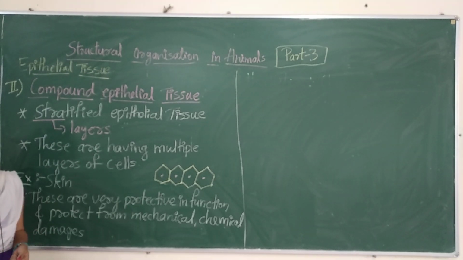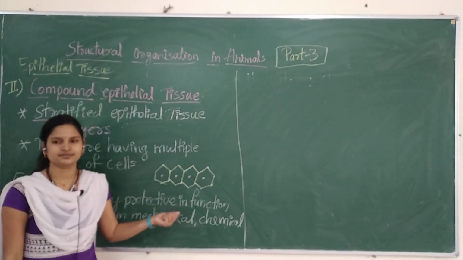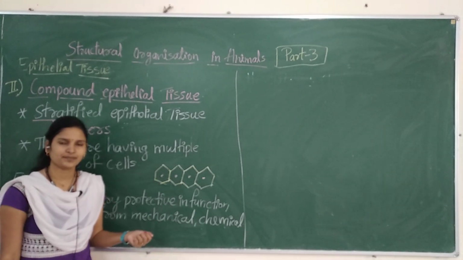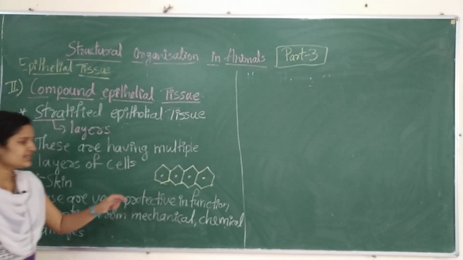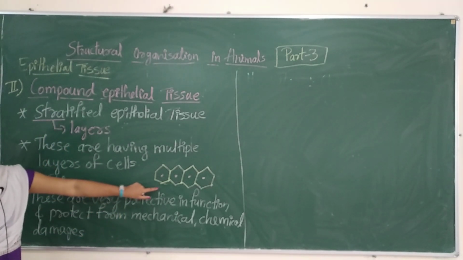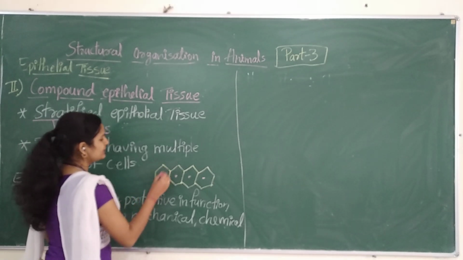In that, the polygonal structure, what is it? Squamous epithelium, right? So this is a simple epithelial tissue. Now we will make it a compound epithelial tissue.